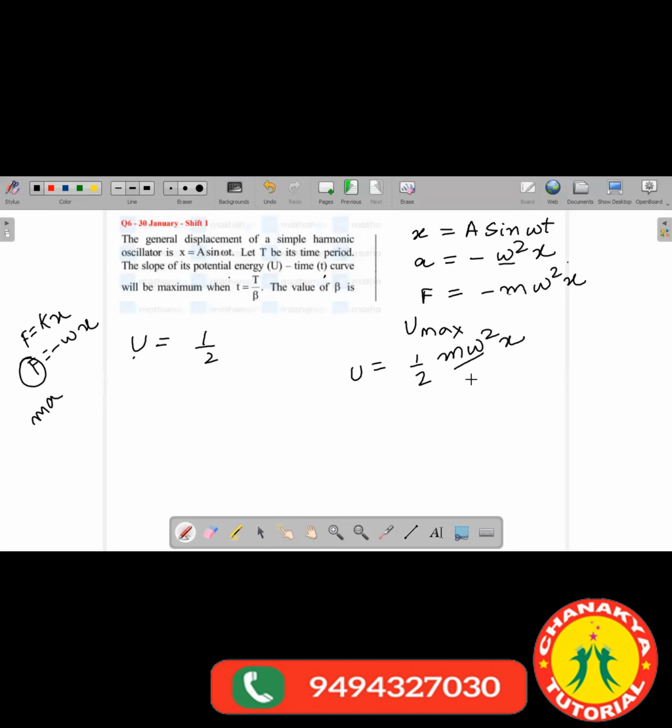Okay. So this is the value of k, and hence you get the potential energy as 1 by 2 m omega squared x. Okay. The next thing we want to find out is the change of potential energy with time.